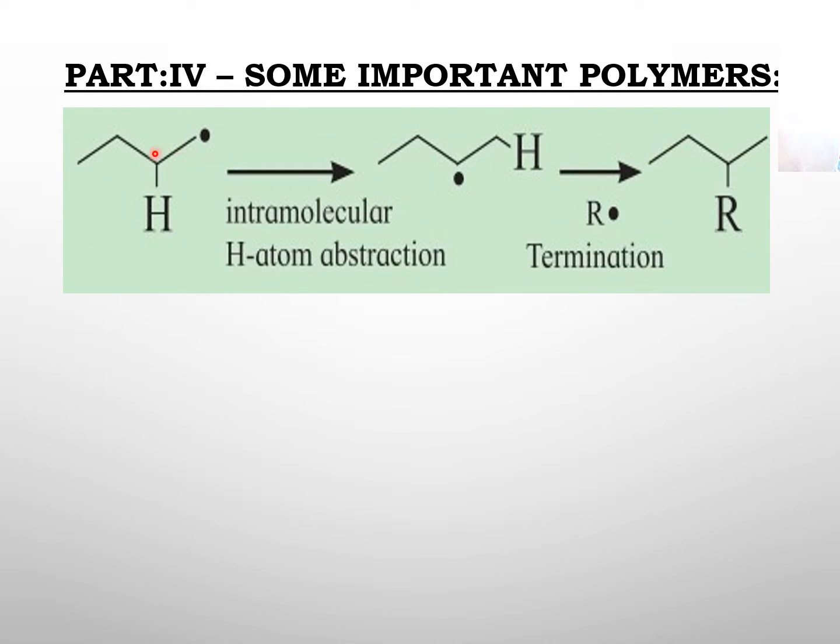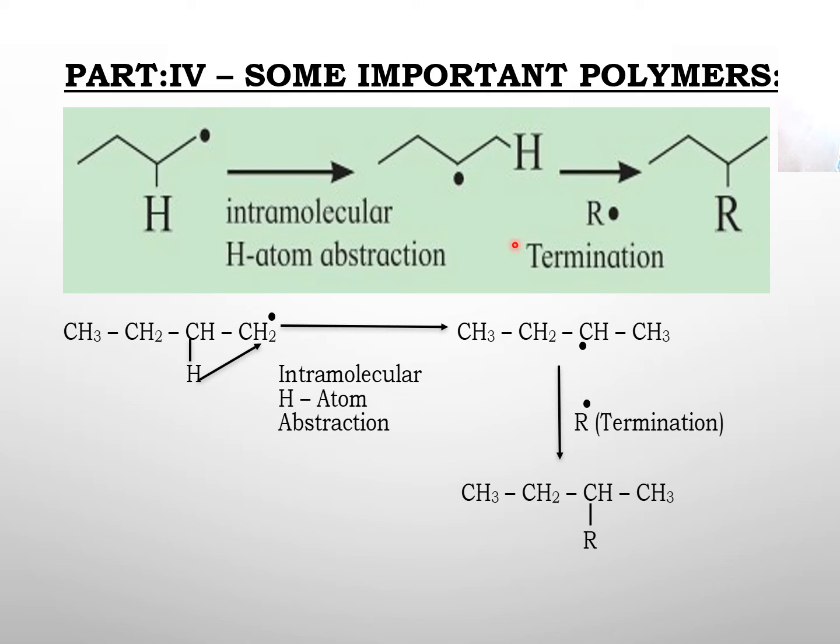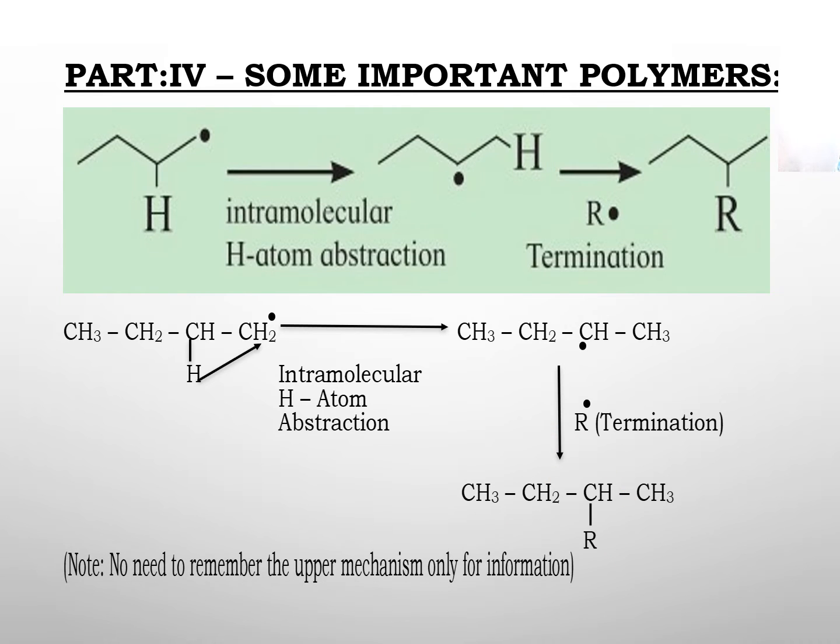Here you can see hydrogen is abstracted and the branching is formed, and here an intramolecular hydrogen atom is abstracted. This hydrogen is abstracted, it goes here, a methyl radical is formed here, and when our methyl free radical adds up here, the termination happens and the branching results. No need to remember this mechanism, it is only for information and understanding.